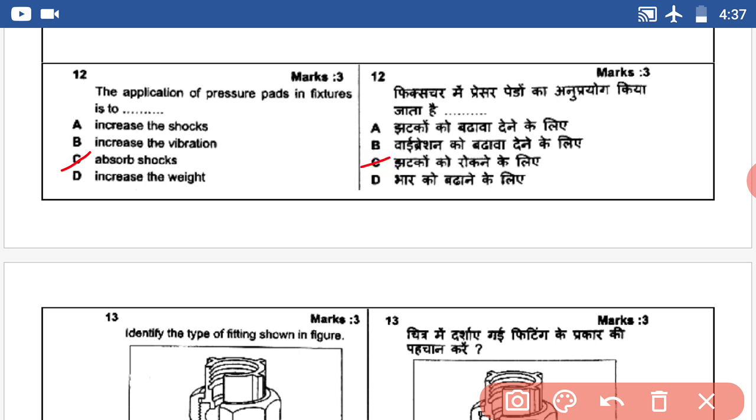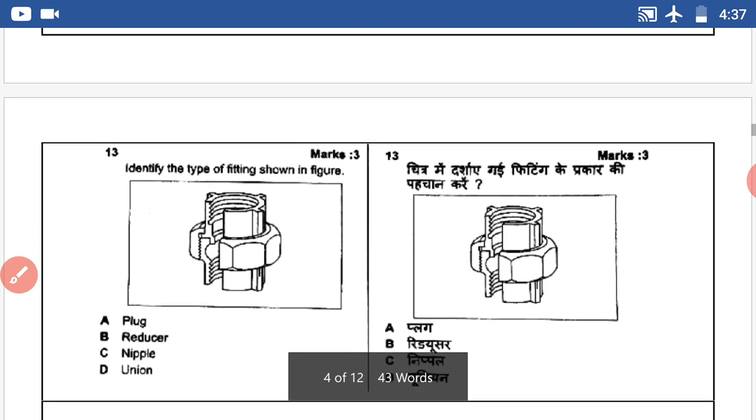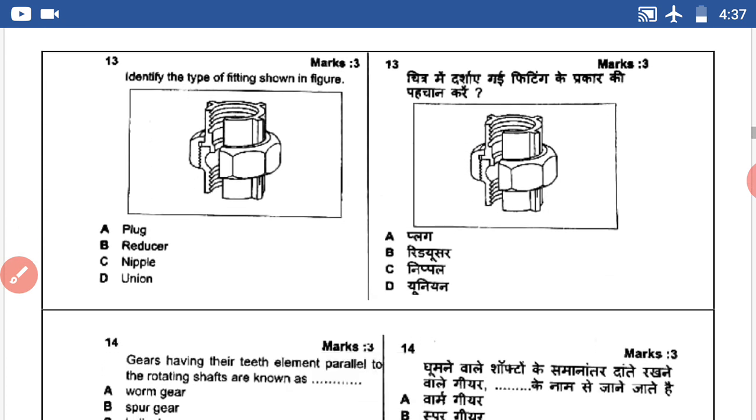Question number 13. Identify the type of fitting shown in figure. This image is union. Answer D. Question number 14.